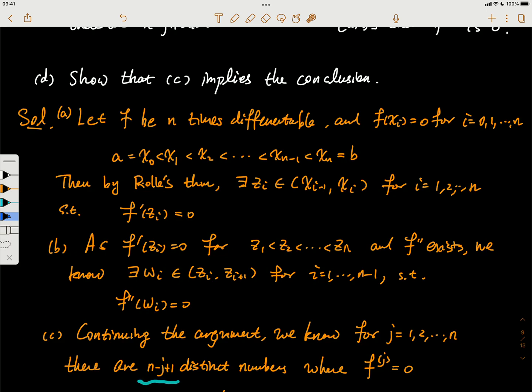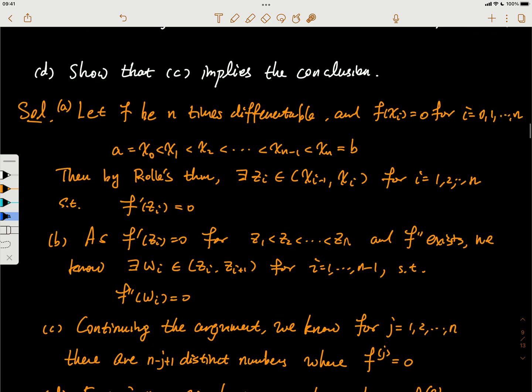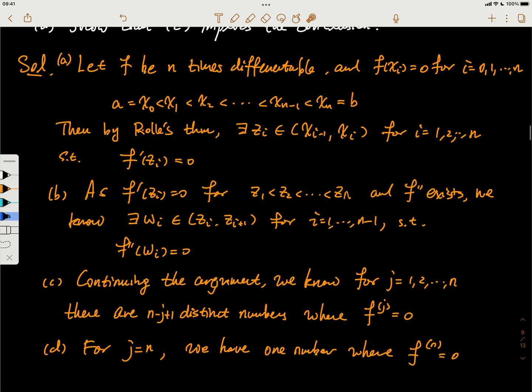So it's n minus j plus 1, and when j equals 1, it's n discrete points where f prime is 0. When j equals 2, that's what we did here. In general, you can do this up to the nth order. When j equals n, you have n minus n plus 1, just one point where the nth order derivative will be 0. That is the generalized Rolle's theorem.